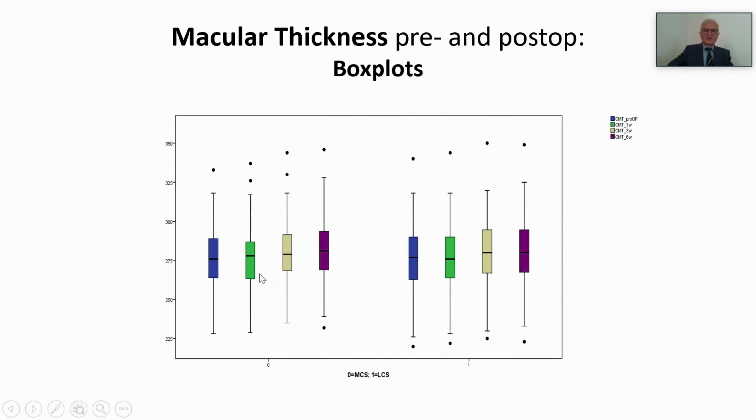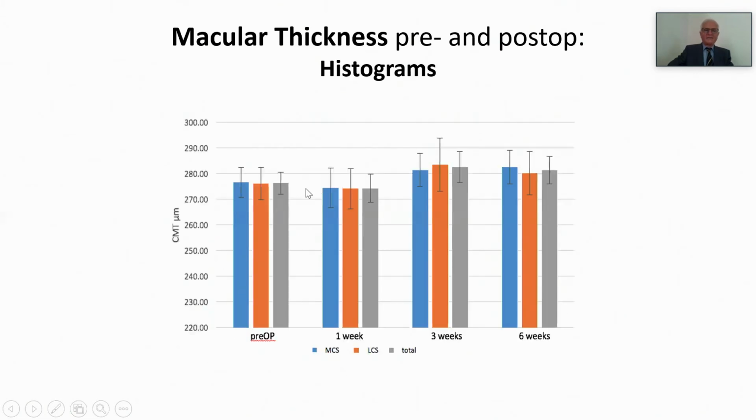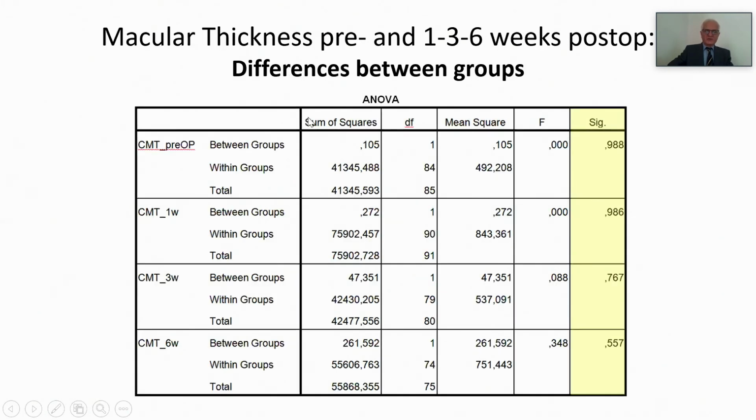This is shown as box plots and as histograms, and shows that both groups had the same thicknesses of macula in these time frames. Also, differences between groups were not statistically significant.